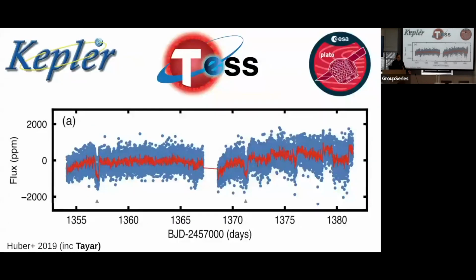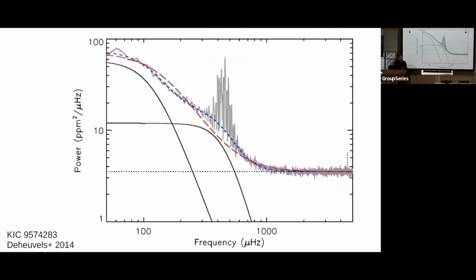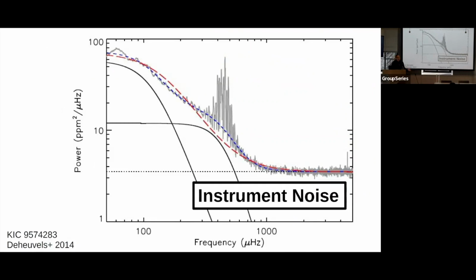It turns out that that's not just true for our sun. If you monitor other stars with this sort of precise high cadence monitoring that we get for something like Kepler or TESS, you also get a light curve of the star. That light curve has variability, which is intrinsic. It's not noise, it's signal. And so when you take the Fourier transform of a light curve from Kepler or TESS, you see this same sort of pattern, where at high frequencies, you see the effects of instrumental noise.